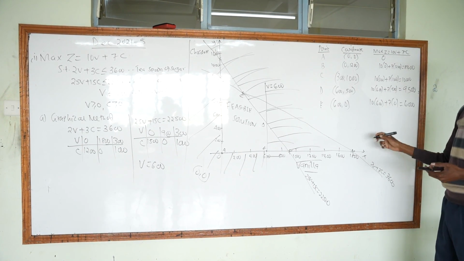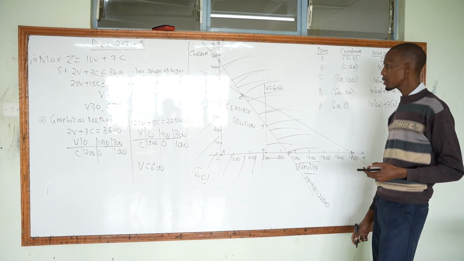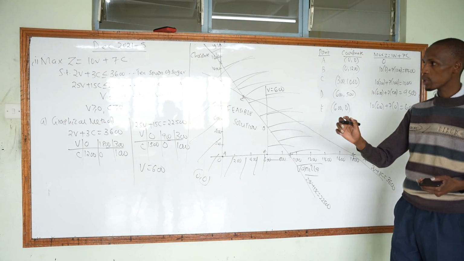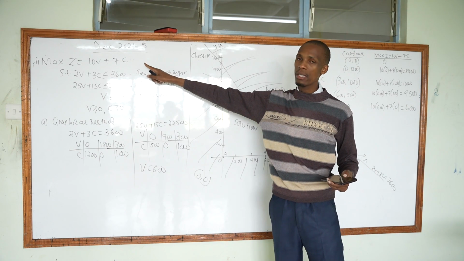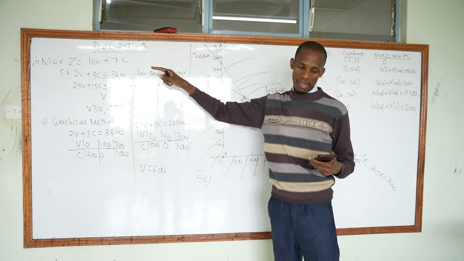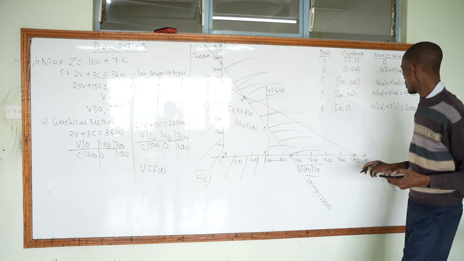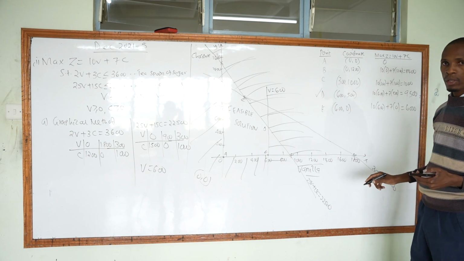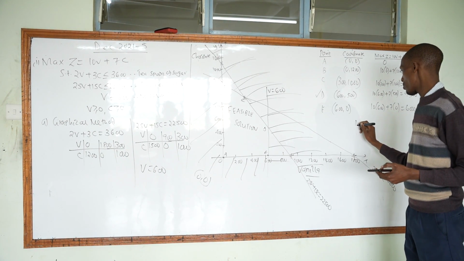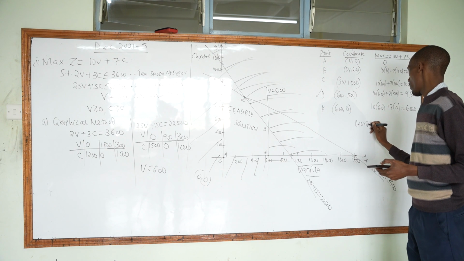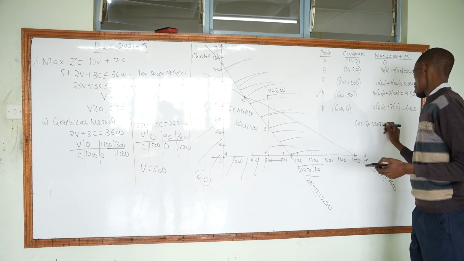Now, which one has given us the highest? Remember the question was, we are maximizing profit. So which one has given us the maximum profit? In that case, it is point C. So the decision variables will be as follows.